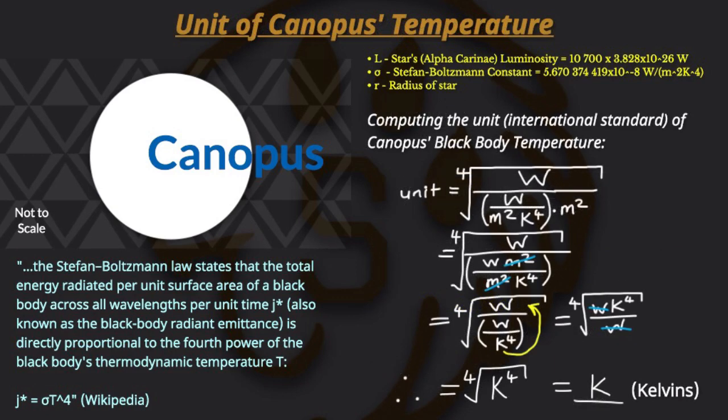So we have the units of Canopus' temperature. We just remove the constants or the other values that do not have units. The coefficients, the 4 pi that we're dealing with, we have to remove it, and then we remain with the values that have units, like the luminosity, it has a unit, the Stefan-Boltzmann constant has a unit, and the radius has a unit, as you can see.